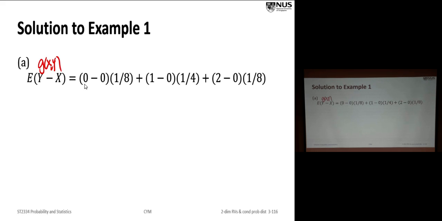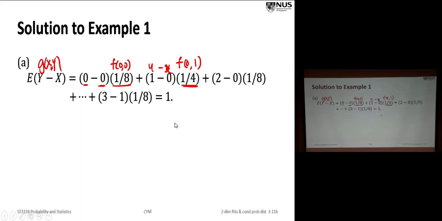It is y equals 0 minus x equals 0, and the probability is 1/8. And this one is f of x, y with y equal to 1 and x equal to 0. So it's 1 minus 0, and the probability is 1/4. So we work on all these 8 possible values. It turns out to be 1.